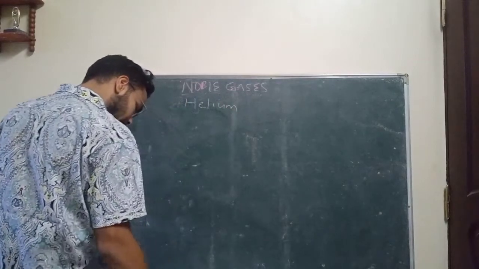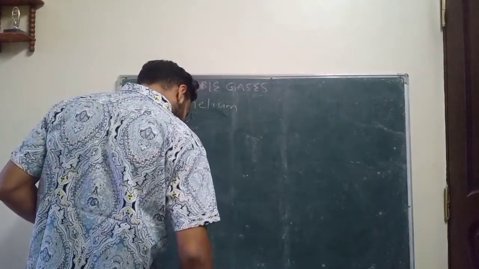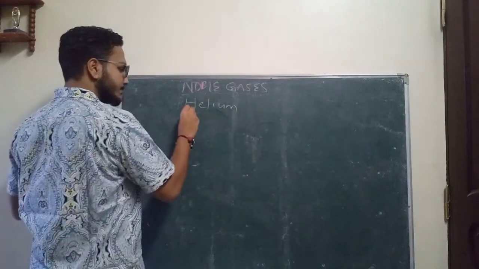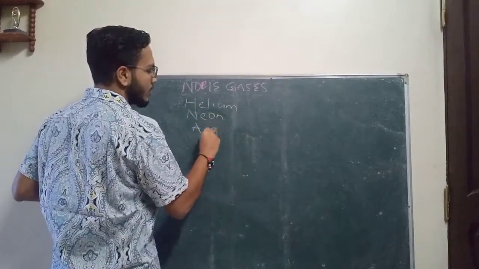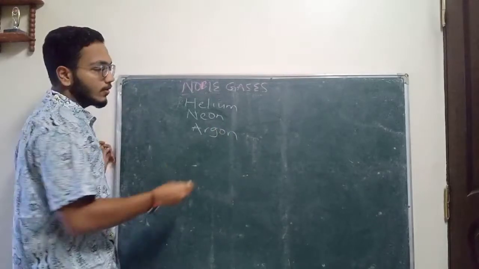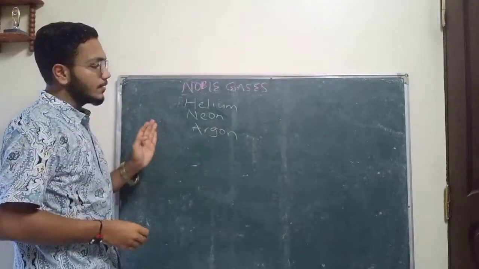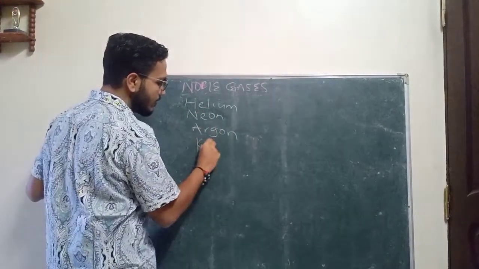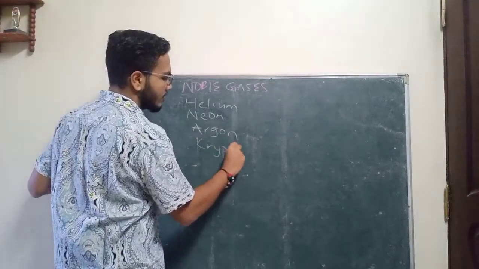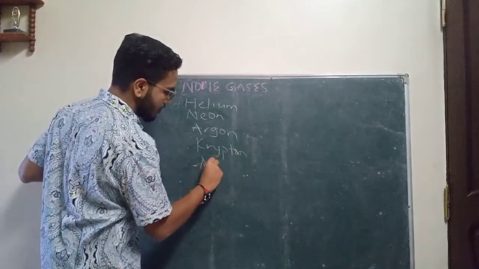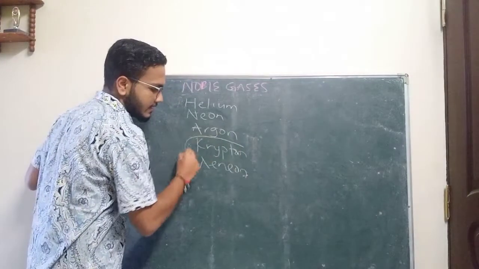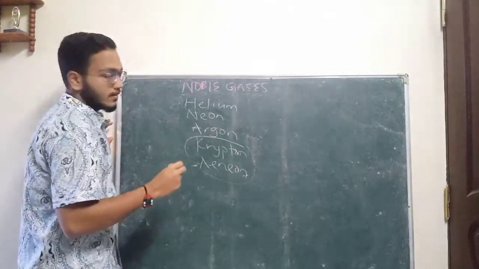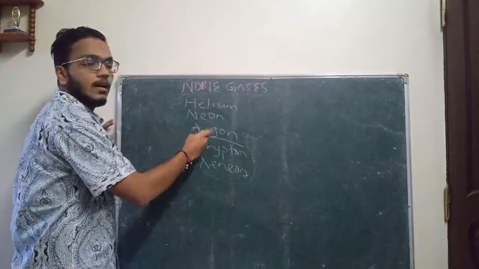Then we have neon and argon. However, below in the periodic table, these are elements which are not discussed. We have krypton and xenon.